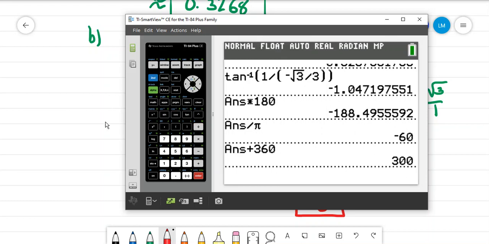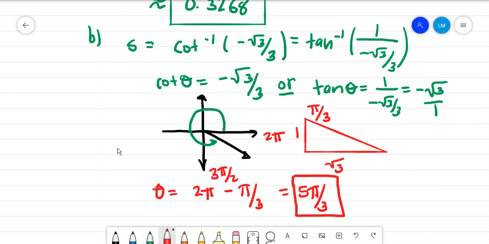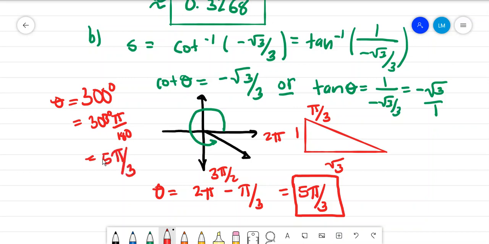Now this is where you probably may have said, okay, well, if it's 300 degrees, then that's just going to be converted into radians, which in this case, if you take 300 and you multiply by pi over 180, you end up with 5 pi over 3, which is the exact same thing.